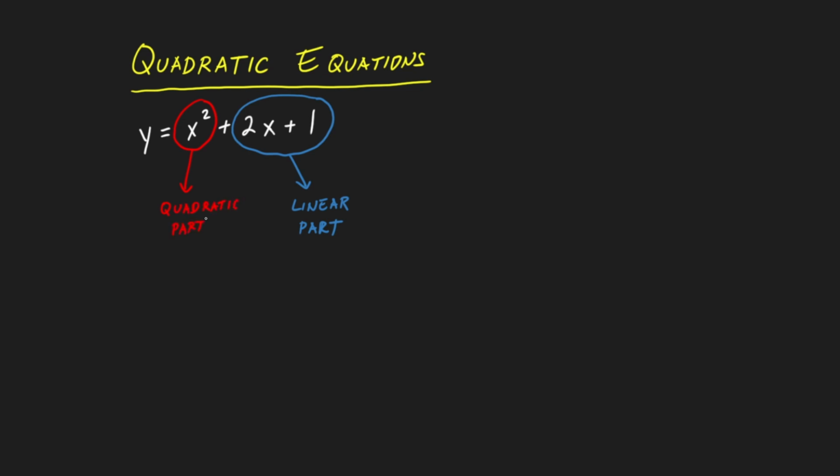Alright, so what I'm going to do now is I'm going to graph them separately. Since the linear part is easier to graph, I'm going to graph that first, alright? As you can see, the 2 here, that's the slope of the line. And the 1 is the y-intercept.